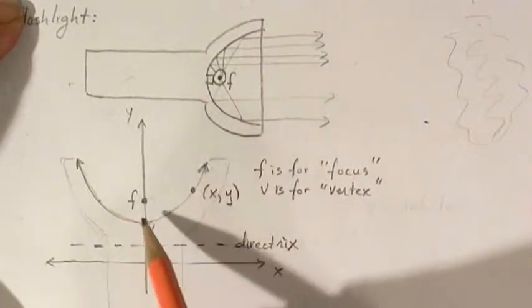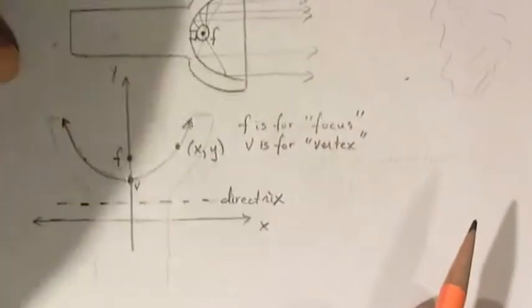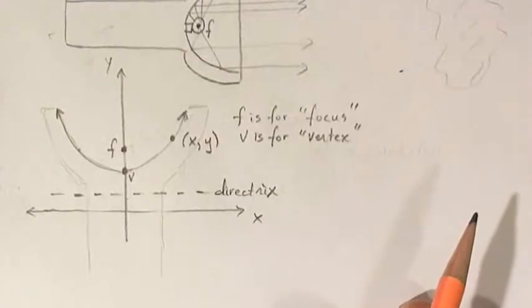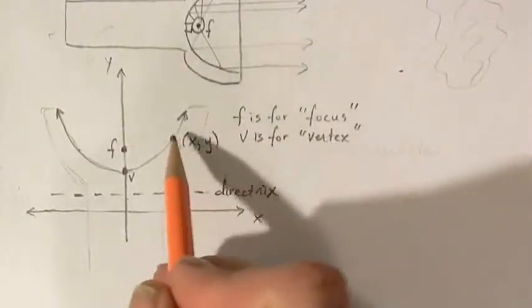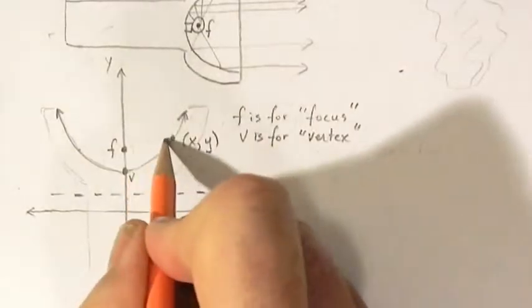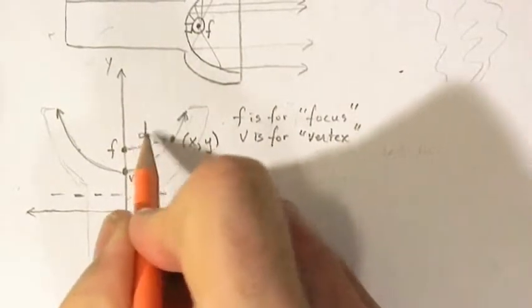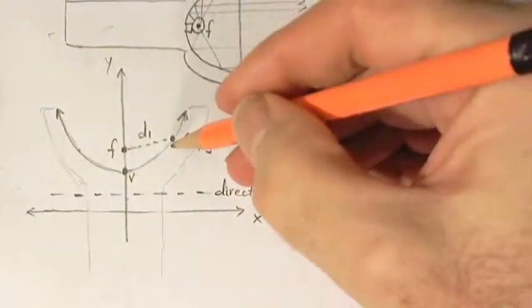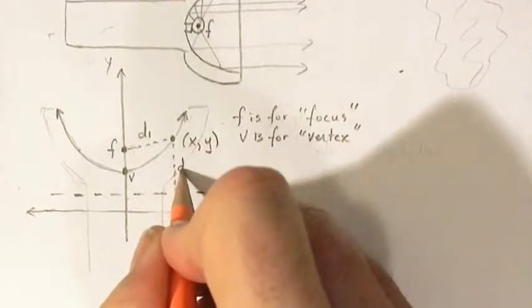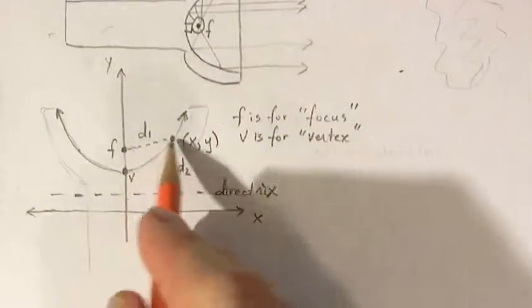Now, with these things marked, we have everything that we need to explain how you get the equation of a parabola. Instead of measuring the distance from x, y to the center, we measure the distance from x, y to the focus, and we also measure the distance from x, y to the directrix. So that's kind of interesting.